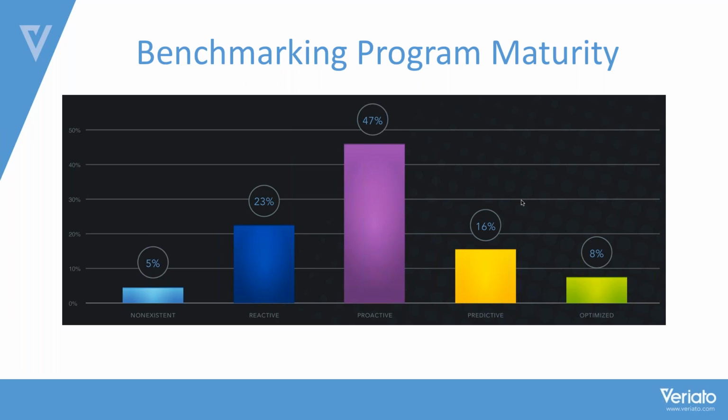That's a good question. So again, a full understanding of each of these maturity levels indicates a growth pattern, and probably an education pattern on what it takes to get more predictive and optimized. So why are more in the proactive? Well, proactive to me says that they're aware that there are insider threats, that the insider threat problem sits alongside their external threat problem.